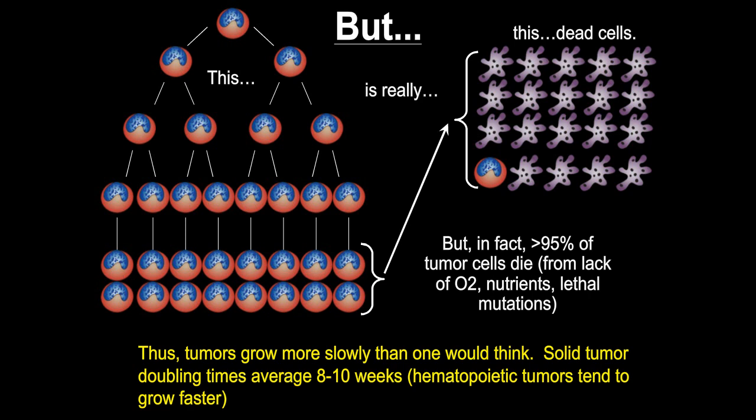The average doubling time of most solid tumors in adults is somewhere between 2 months and maybe 3 months, maybe 2.5 months. It's much slower than you would think. Hematologic malignancies, leukemias and lymphomas, and pediatric tumors tend to grow faster. They don't have the same kind of relationship to the supporting structure of the organ that solid tumors do.